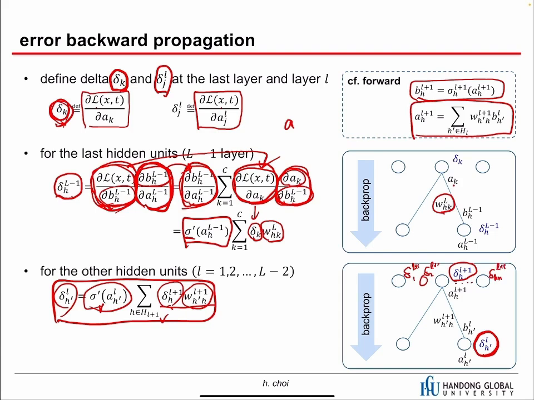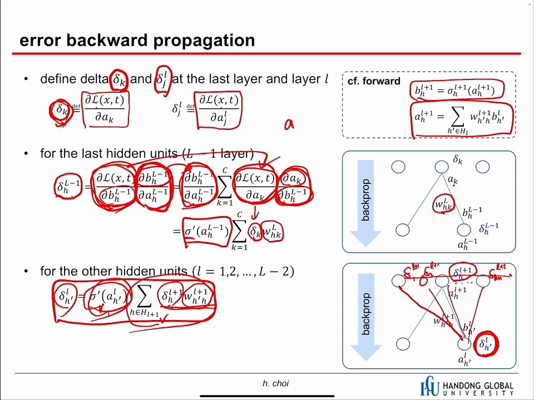To calculate this term, we have to calculate the weighted sum of all these deltas. So we have a weight. That's what this summation does. And then we have to multiply by this derivative of the nonlinear function.